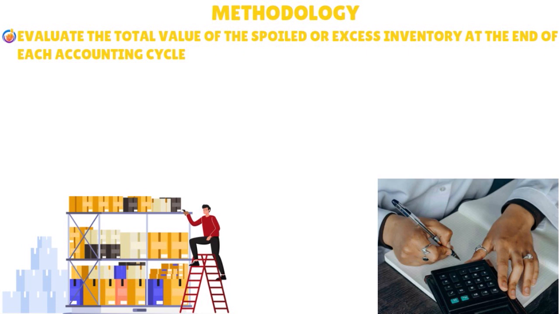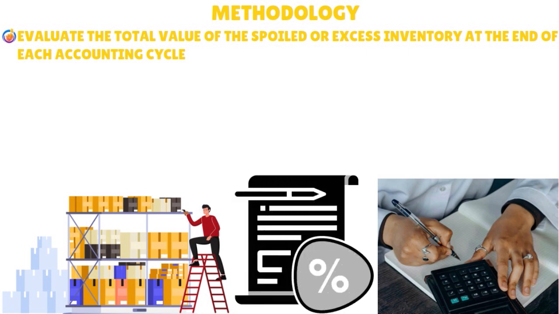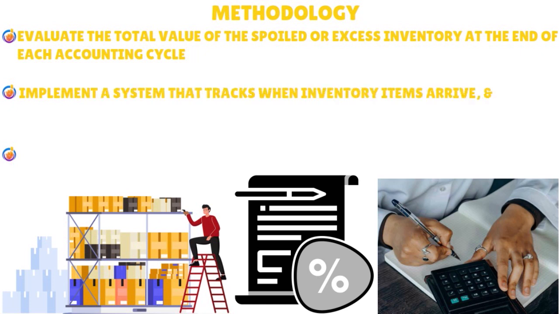Now, this step, believe it or not, is crucial because it determines the impact of the written off inventory on the company's financials, particularly on the inventory value reported on the balance sheet. Next, it's important to implement a system that tracks when inventory items arrive and really identify damaged or obsolete inventory.